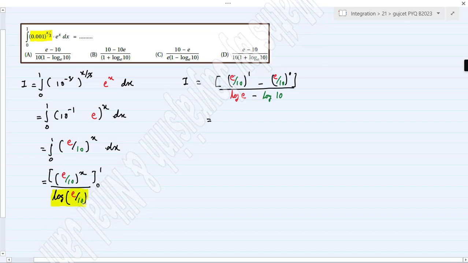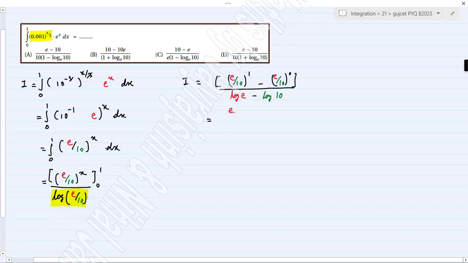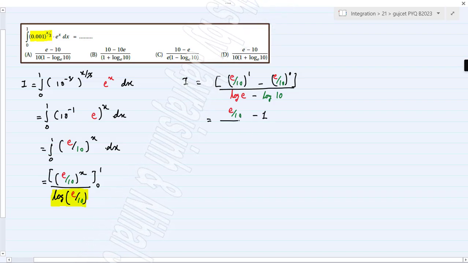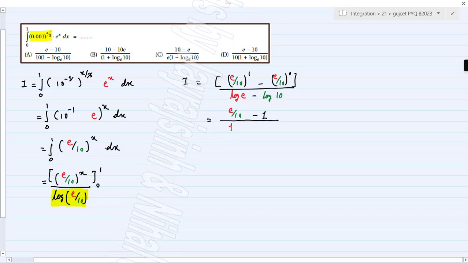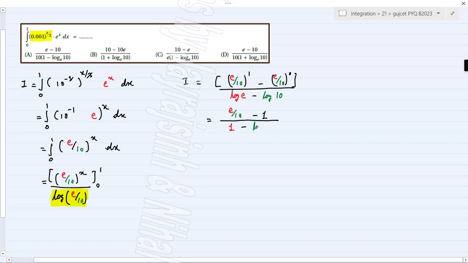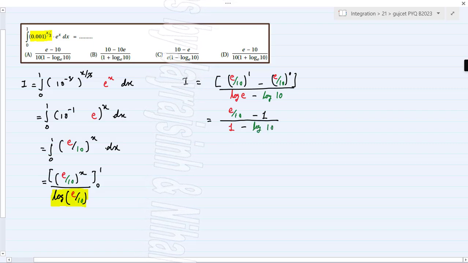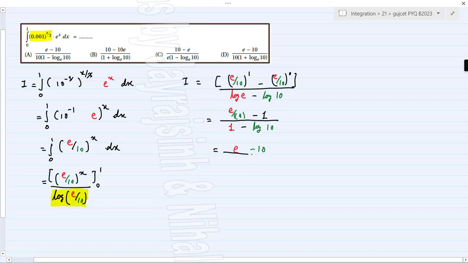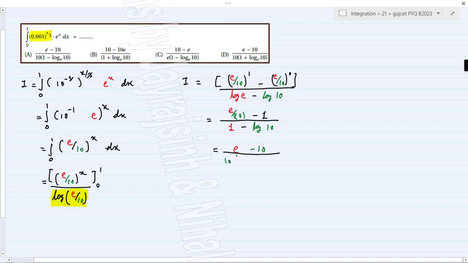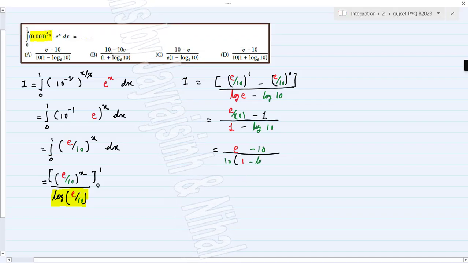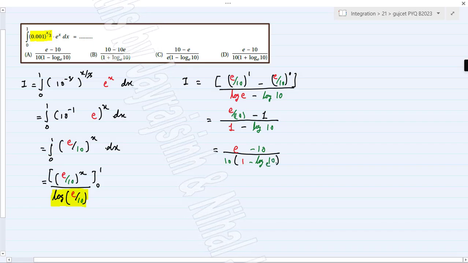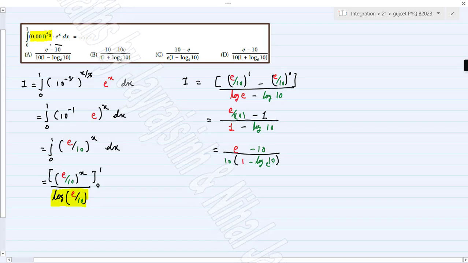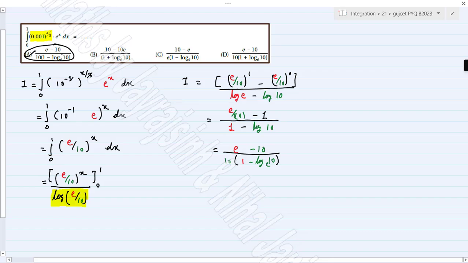So e by 10 raised to 1 is simply e by 10, and whole raised to 0 becomes 1, upon log e is 1 minus log 10. To get the final answer, just take LCM of 10. So we will get e minus 10 whole divided by 10, and this 1 minus log 10 base e will be as it is. So this is your answer, which is given in option A. Ta-da!